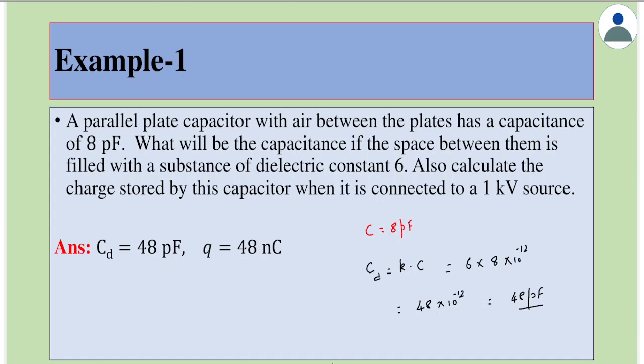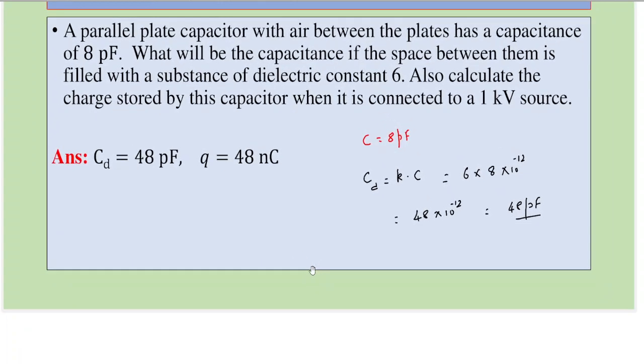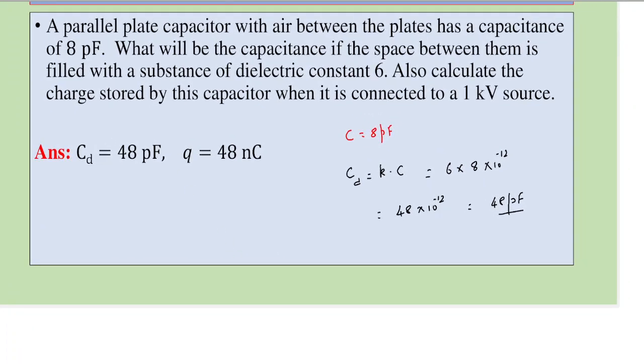The second part says also calculate the charge stored by this capacitor when it is connected to a 1 kilovolt battery. From the definition of capacitance, Q is equal to C into V. It is the capacitance when a dielectric is filled between the plates, so it becomes C for the dielectric medium.